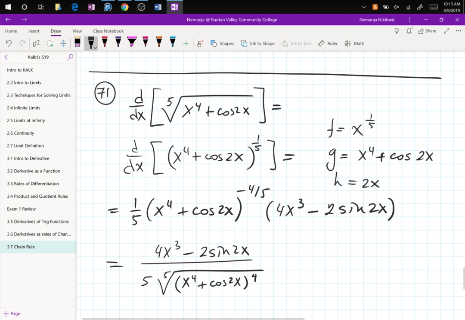When you set this equal to 0, the entire denominator disappears, so you just have to worry about the numerator. And that is not something that you can solve using algebra. You have to use graphical methods or other approximations because you have a combination of a polynomial and sine. But we'll deal with that when we get there.